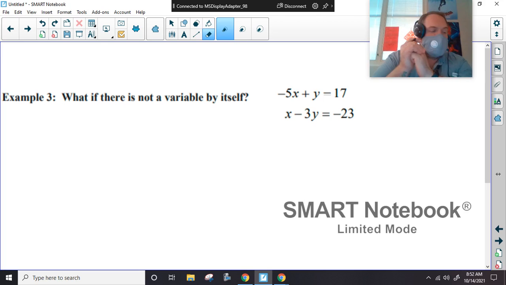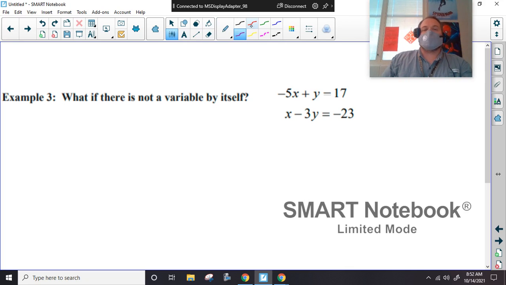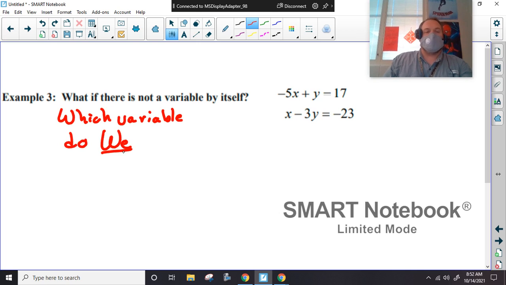All right. This is what we need to ask. Which variable do we want by itself?